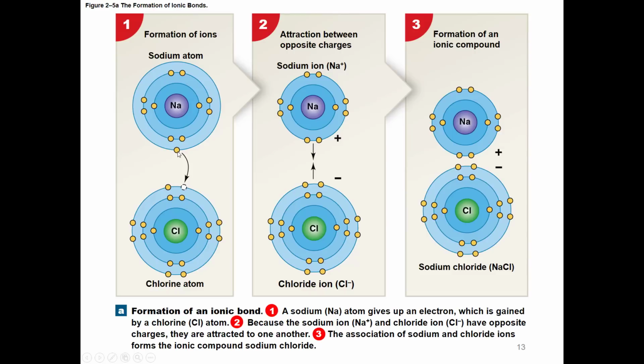If sodium gives up or donates this electron to chlorine, who will accept it, then that means that the second shell down will become sodium's outer shell, and it will be full, which will make sodium more stable. So that would look like this.